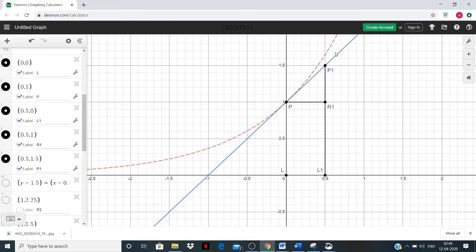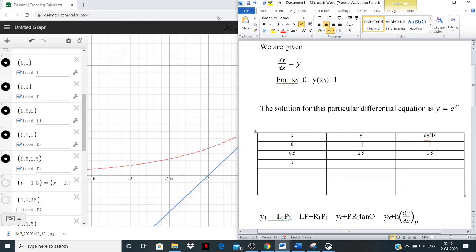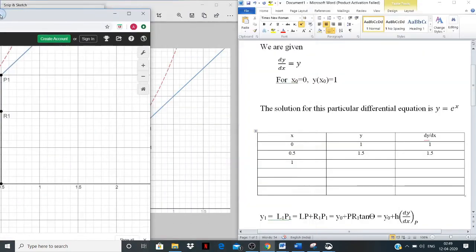Basically the blue line is the tangent to the curve e to the power x. So the next point will be 0.5, and the corresponding point we'll consider to be point P1. To find the value of P1, we'll use this formula.